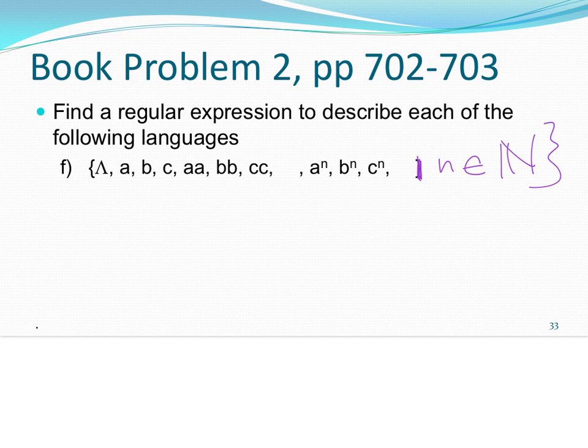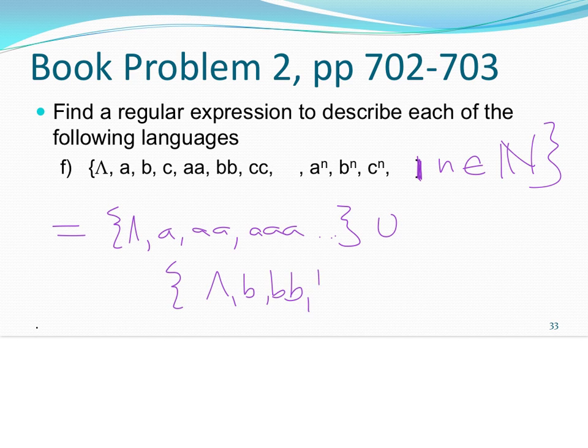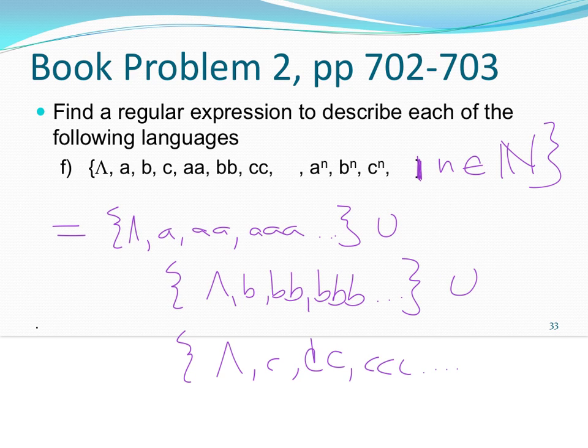I'll give you a hint, and I'll say that this language that we have here is exactly the same as this one, unioned with this one, unioned with this one. And before, oops, that should be 2 C's, 3 C's, and so on.